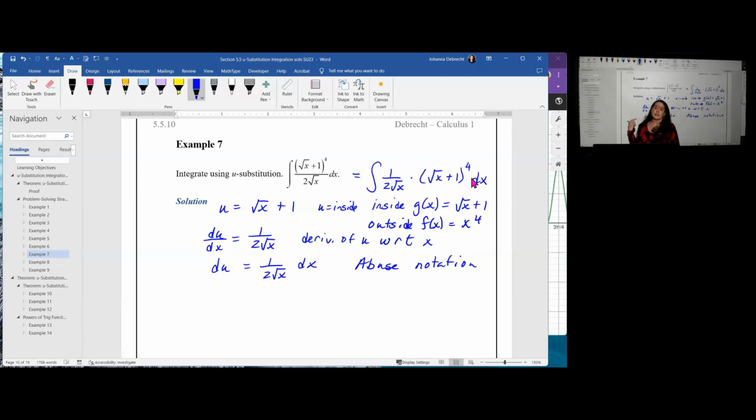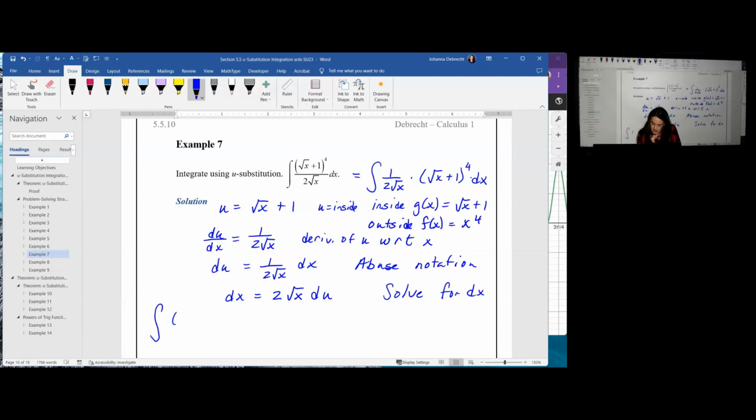In this case, you can do it a couple ways. The last time I isolated the remaining factors, so this time I'm going to solve for dx. To solve for dx, I have to multiply both sides by 2 square root of x and then times du. When I substitute, I'm going to have the following.